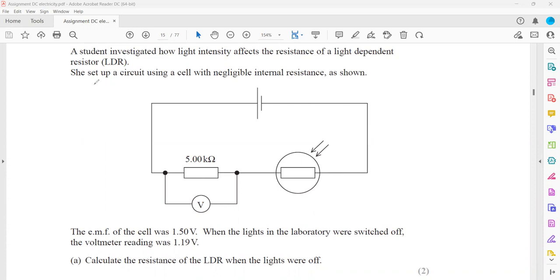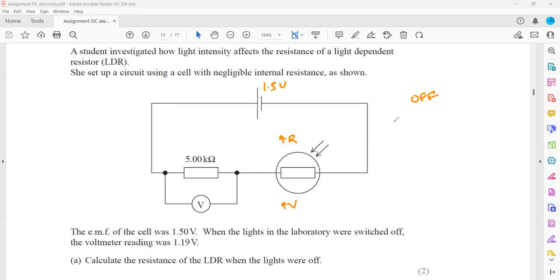As you can see, the EMF of the cell is 1.5. When the light in the lab was switched off, so when there is no light or very low light intensity, what happens to the resistance of the LDR? It will increase. If the resistance of the LDR increases, there will be more voltage across the LDR.